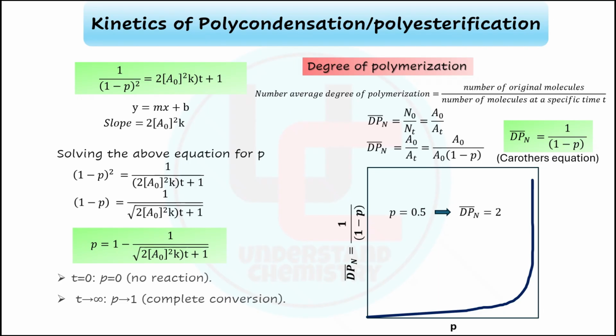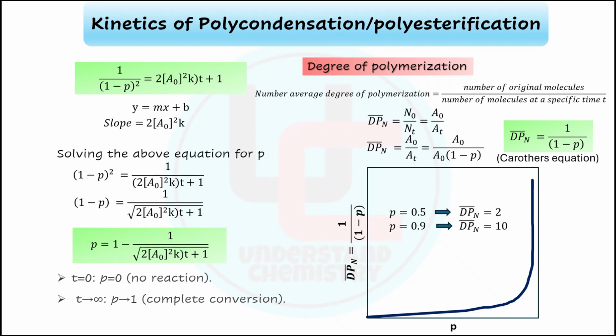Let us understand this concept by taking three different values of P. If the value of P is 0.5, the degree of polymerization will be 2. Means on the average there are 2 monomer units per chain. If the value of P is 0.9, the degree of polymerization will be 10.